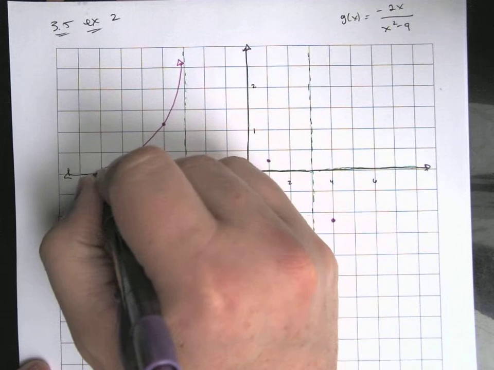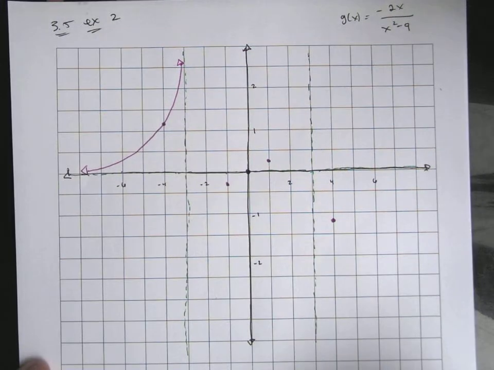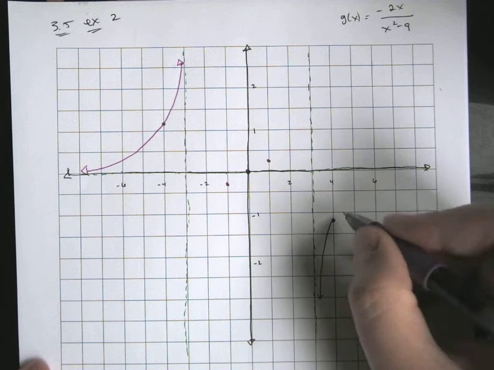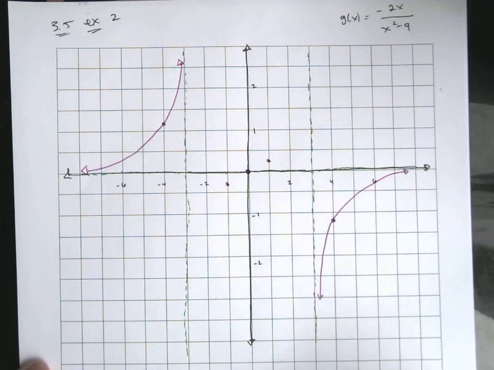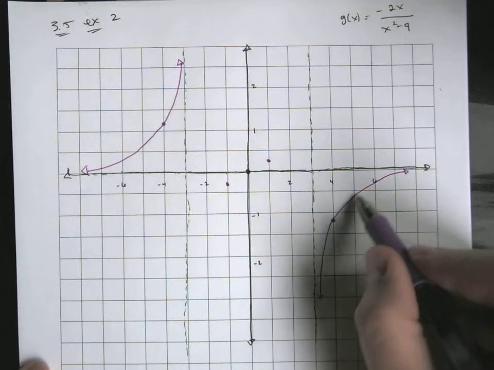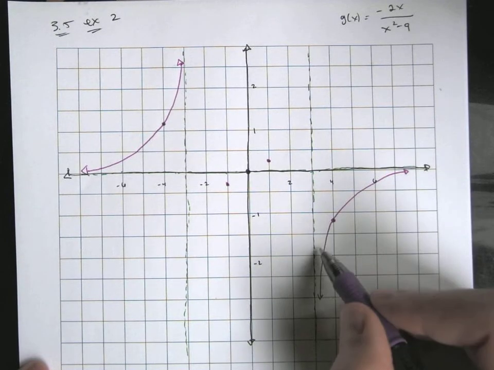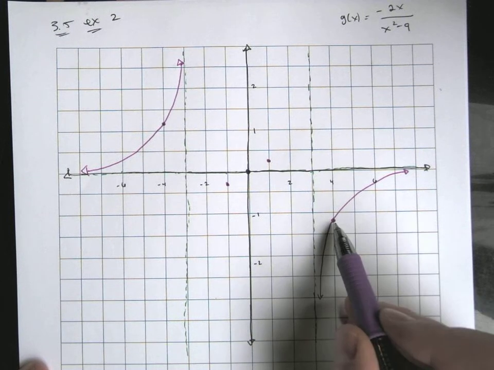Our horizontal asymptote is going towards 0, so we'll draw this and level it off. Keeping with the symmetry of the function, let's do the same kind of movements over here on the positive side. So towards y equals 0 as we go out to the right, and then coming towards positive 3, we're pushed down to negative infinity. So now we're down in the negative half of our y values.